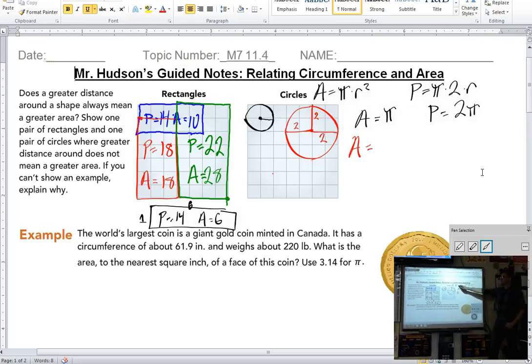My area, when I do 2 squared times pi, gives me, Andrew, what'd you get for that? 2 squared? What's 2 times 2? Well, that's 4. So, leave pi as pi. You don't need your calculator. It's just 4 pi. If we're going to not replace pi with 3.14, then my perimeter here, 2 times the radius of 2 times pi, well, 2 times 2 again, you get 4 pi.